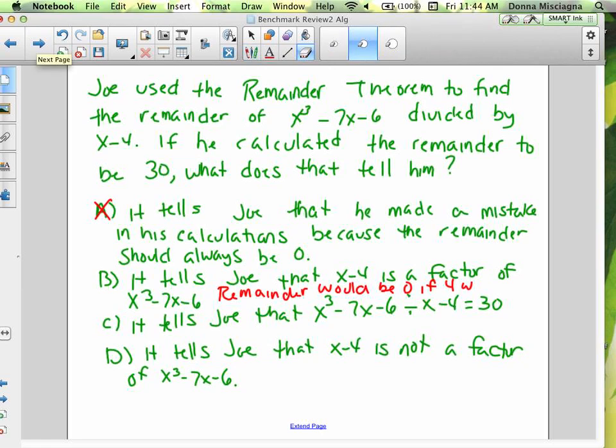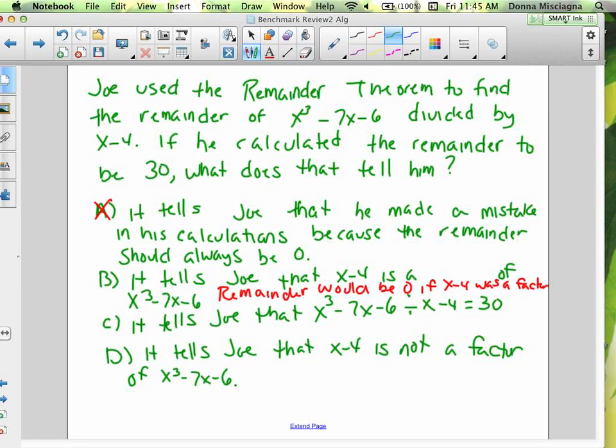If x plus 4 was a factor, or x minus 4, excuse me. Well, we'll just rewrite the word factor. So this is a no.